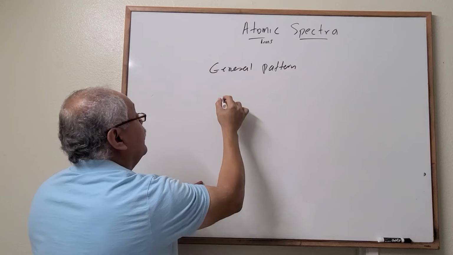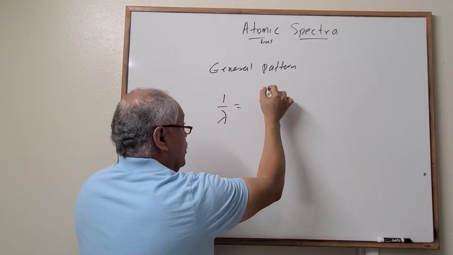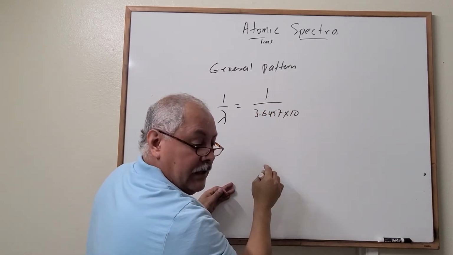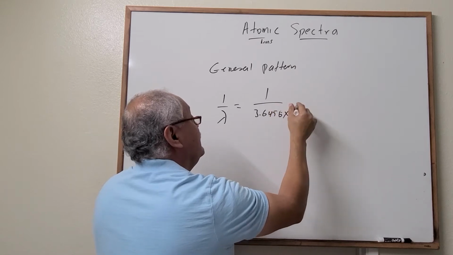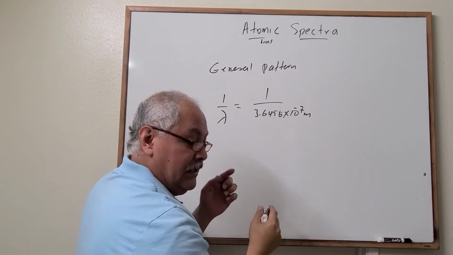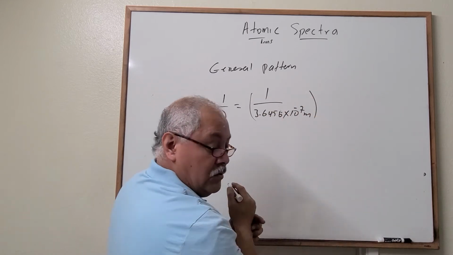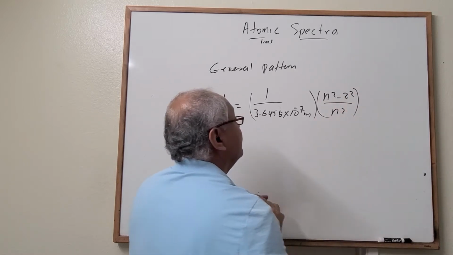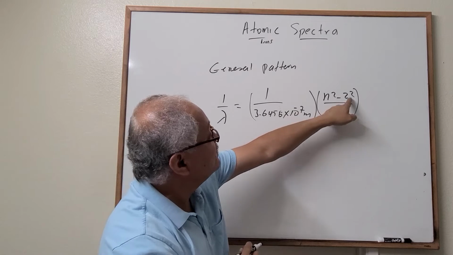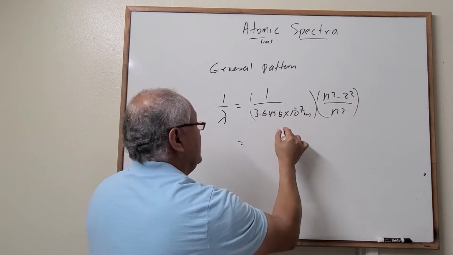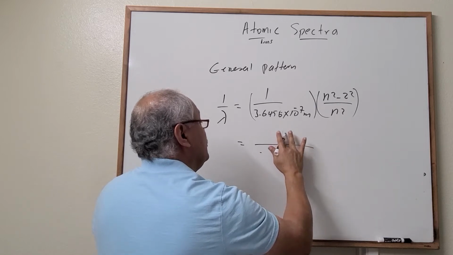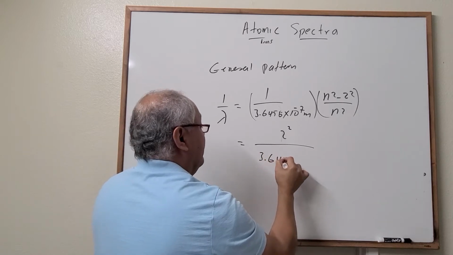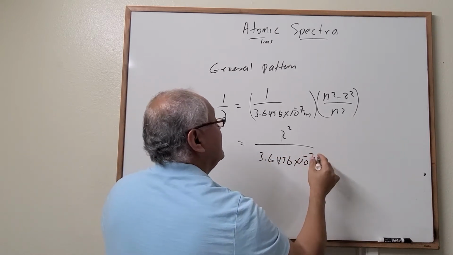We have that 1 over lambda is equals to 1 over 3.6456 times 10 to the negative 7 meters, correct, times n squared minus 2 squared divided by n squared, correct. Now let's factor out 2 squared, and this is equals one more time 1 over 3.6456 times 10 to the negative 7 meters, with the 2 squared factored out.